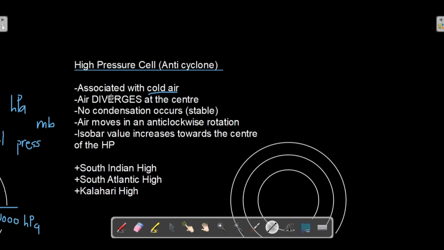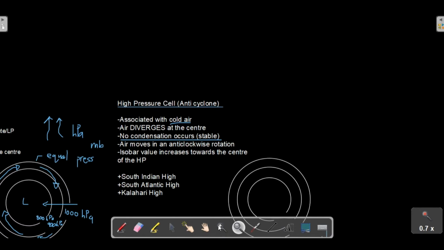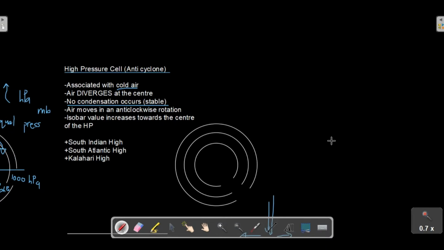And there's no condensation that occurs, guys, because remember, for condensation to occur, you have to have warm air rising up, and then what happens? Then it has to cool down, right? So as it cools down, then you start forming clouds. So that's when condensation occurs.